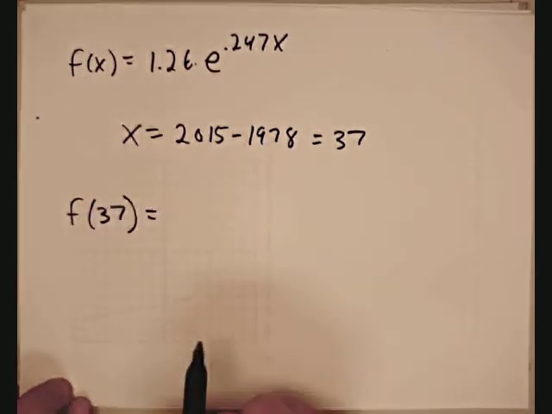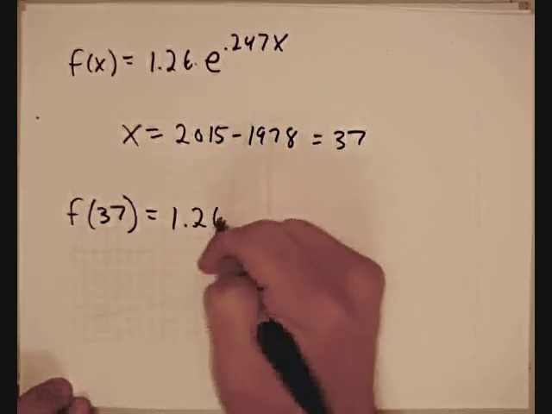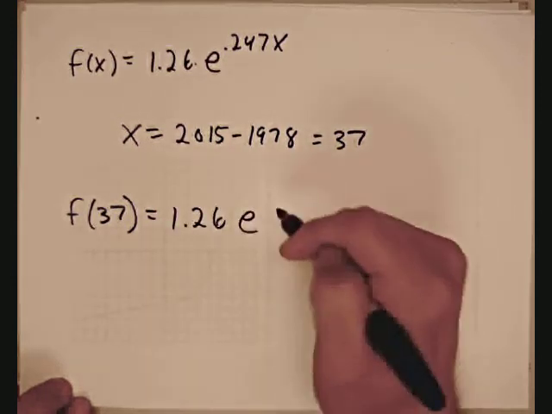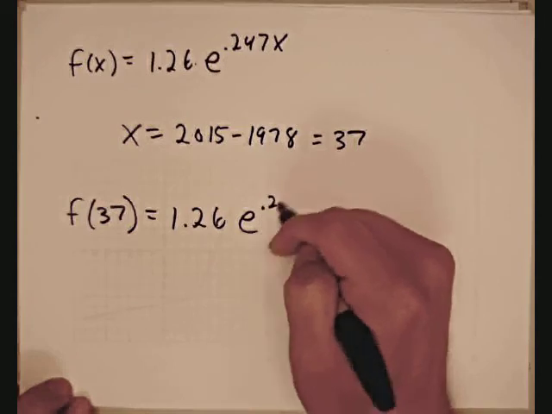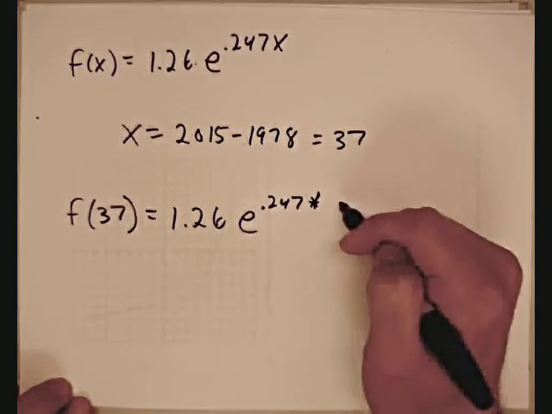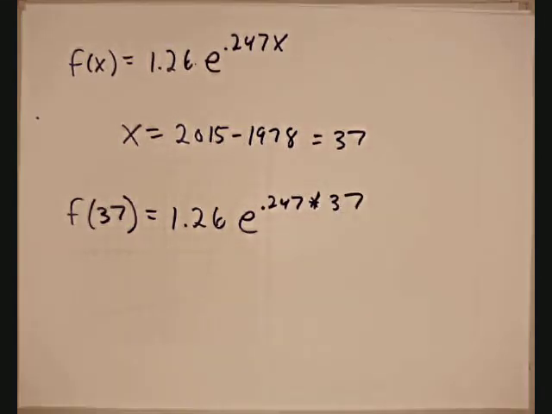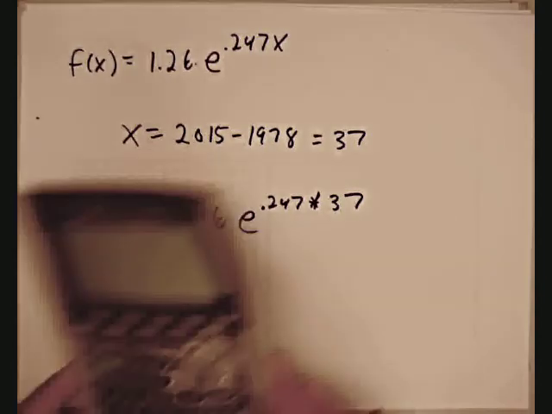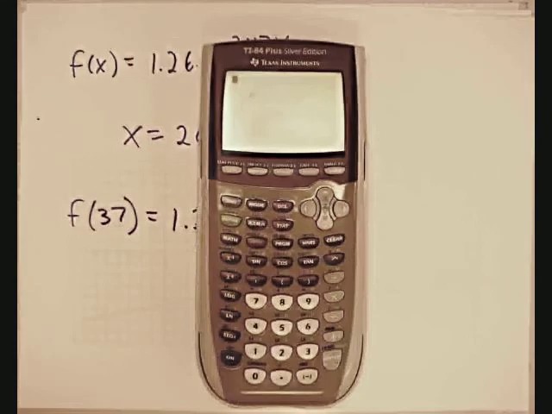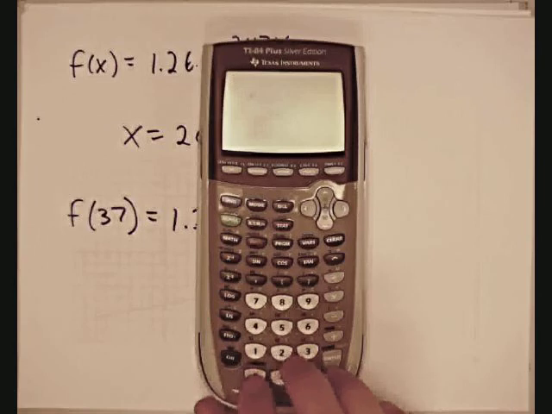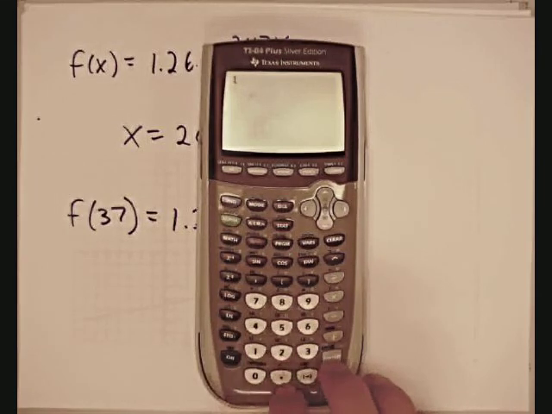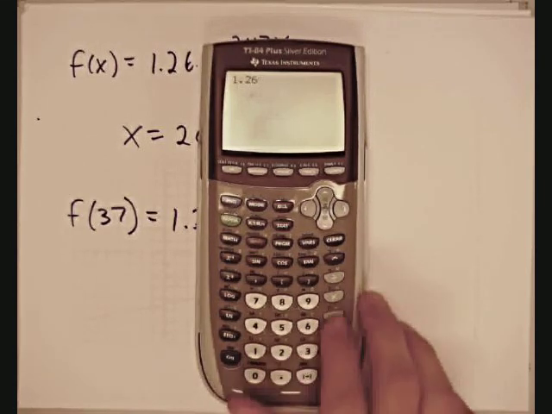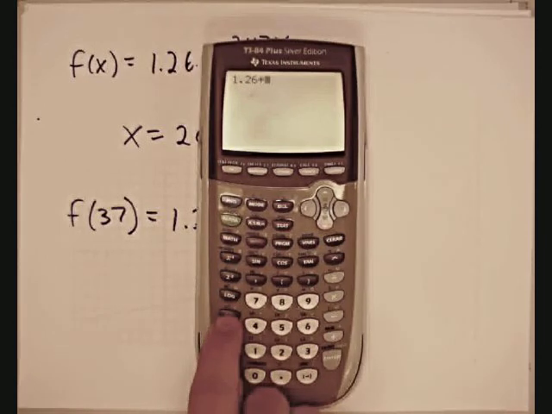So f of 37 equals 1.26 e to the 0.247 times 37 power. On your calculator, we would have 1.26 times, your e button is right here.